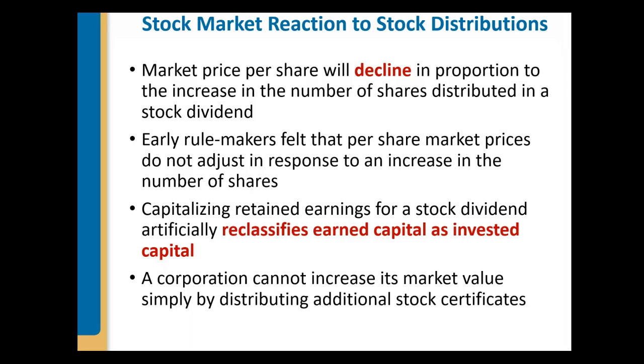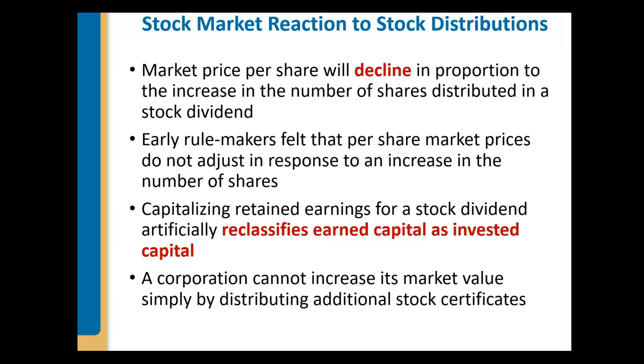A corporation cannot increase its market value simply by distributing additional stock certificates. Because all shareholders receive the same percentage increase in their respective holdings, you and all the other shareholders still would own the same percentage of the company as before the distribution.